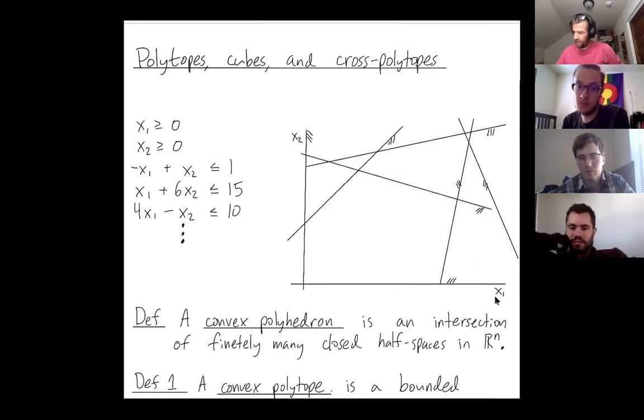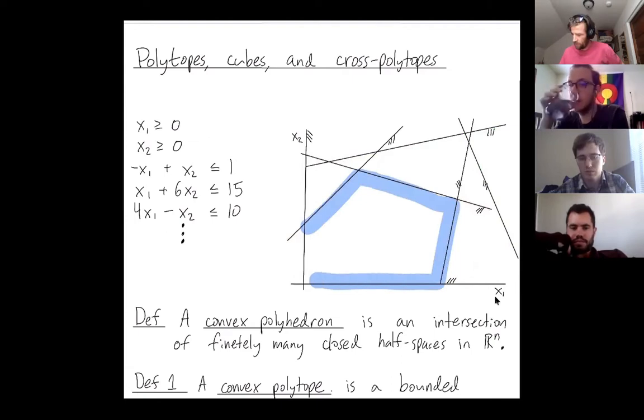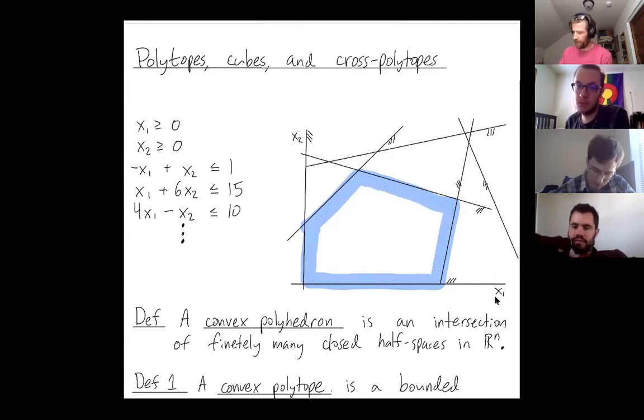And if I take the intersection of all of those half spaces, I get this feasible region or convex polyhedron. It includes the interior. I should have drawn that. Notice that you might have constraints that don't actually touch your polyhedron, right?